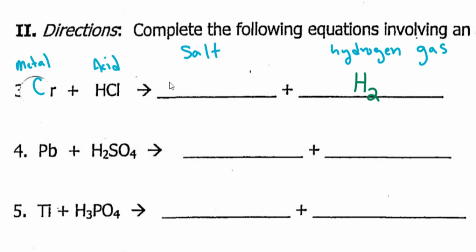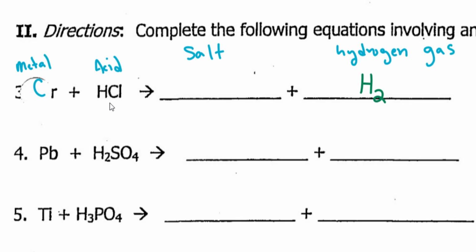Now, I'm going to combine my chromium with my hydrochloric acid to get my salt. I've used my hydrogen already to make my hydrogen gas. So now I'm going to look at the combination of the chromium and the chlorine. To make sure I'm writing my formula correctly, I'm going to look these up on the periodic table. Chromium has a +2 charge, chlorine has a 1- charge, and that's going to give me the ratio they will combine in.